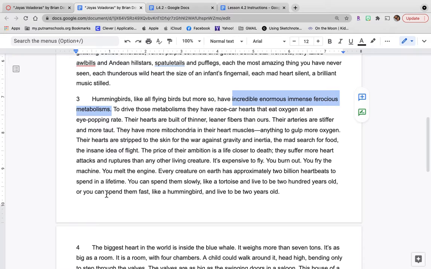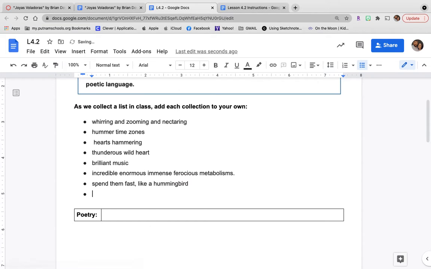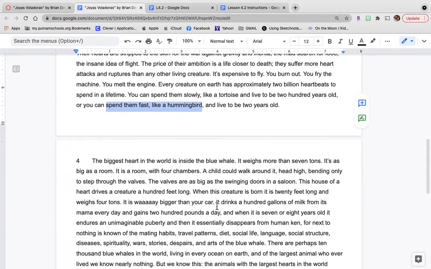I like how he's talking about spending a heartbeat fast like a hummingbird. If you've got more, wonderful. If you like my two, add them. If you don't like them, don't add them.